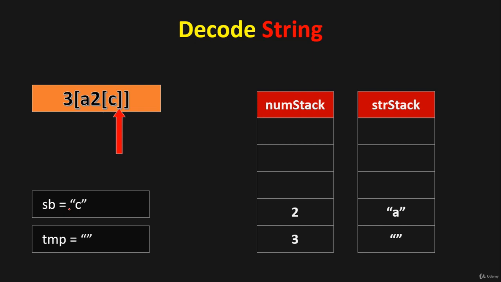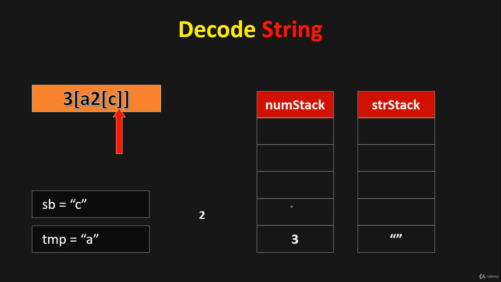Then next character is closing bracket. Whenever we find a closing bracket, we remove the top element from string stack, and we assign that element to our temp variable. So let's pop out this A from this string stack, and assign it to this temp variable. The next thing we have to do is pop out the top element from num stack, and that is 2.